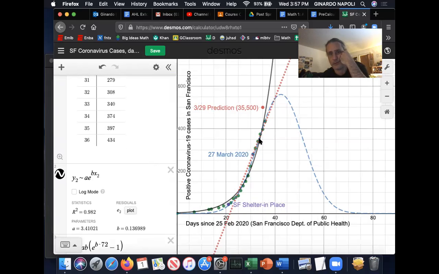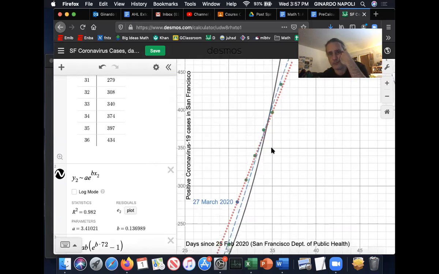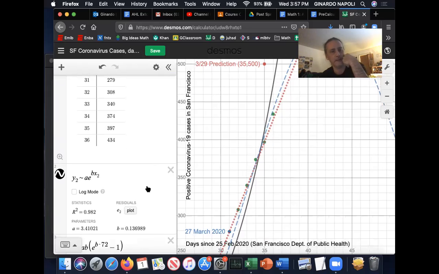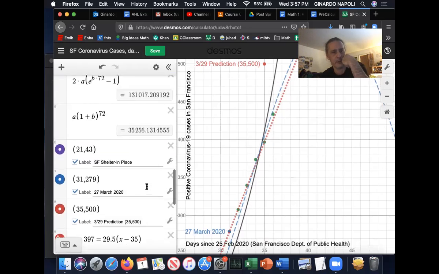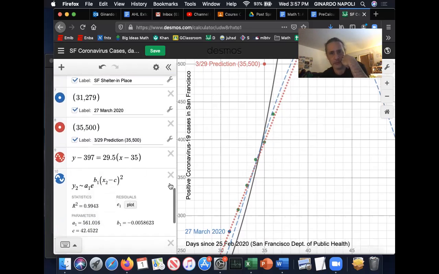Look at this trend. I made this other trend line, the red line. I made a graph from 1 to the end and found the slope. I took this coordinate and this coordinate and subtracted, and that's how I got this slope right here.